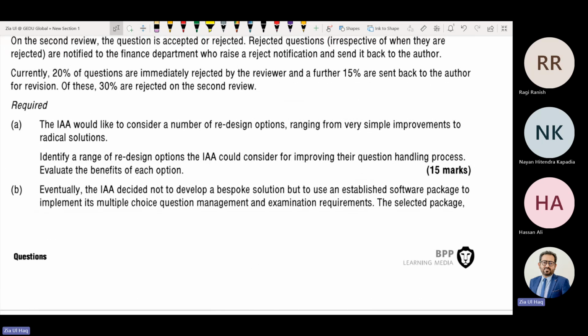The IAA, Institute of Analytical Accountant, would like to consider a number of redesign options, ranging from very simple improvement to radical solution. Very simple improvement, we can say what?